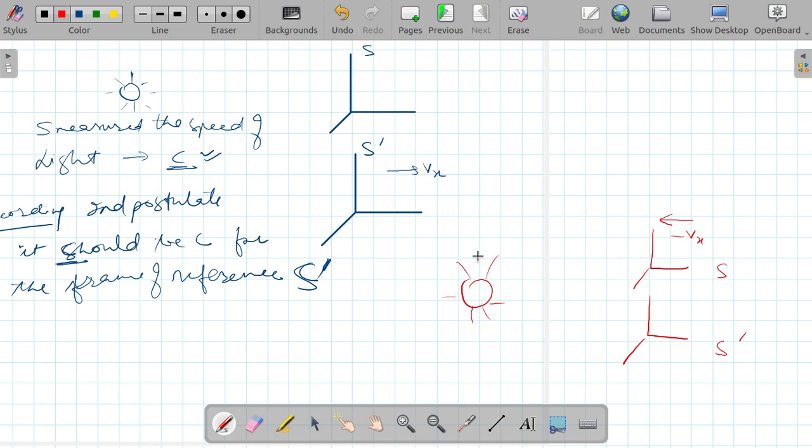In the similar fashion, the source of light will also seem to be moving along this direction with the same velocity. So for this observer, the velocity of light should remain the same, that is c. So in this way I am trying to understand it.